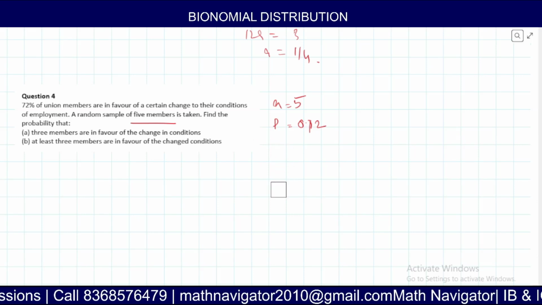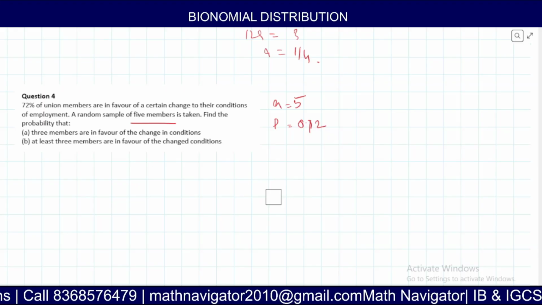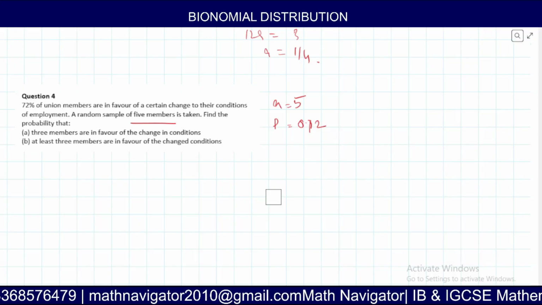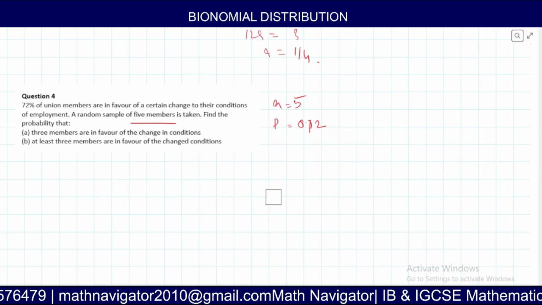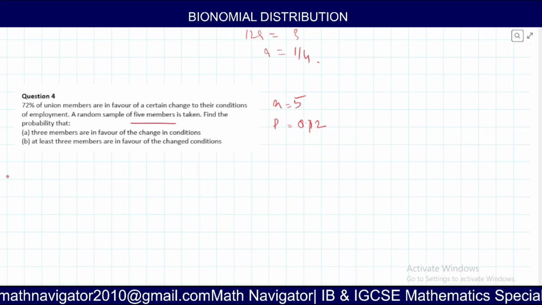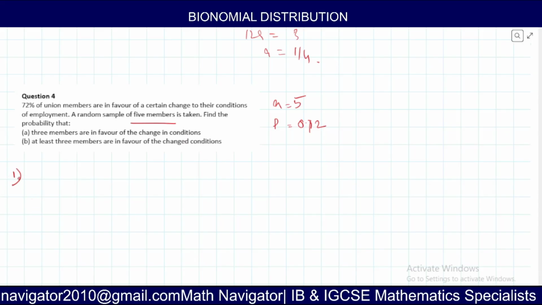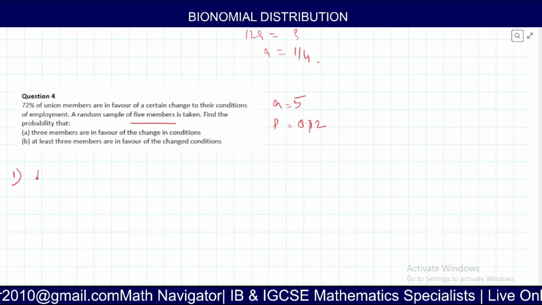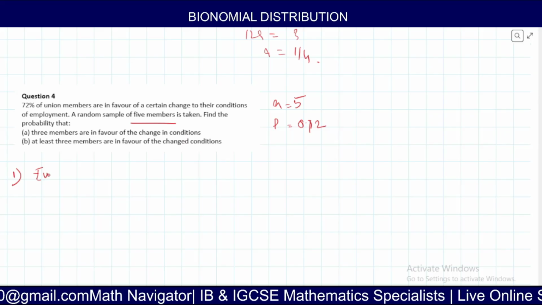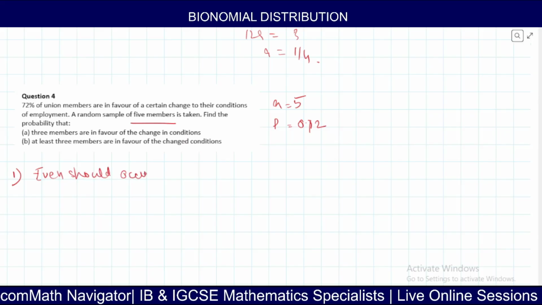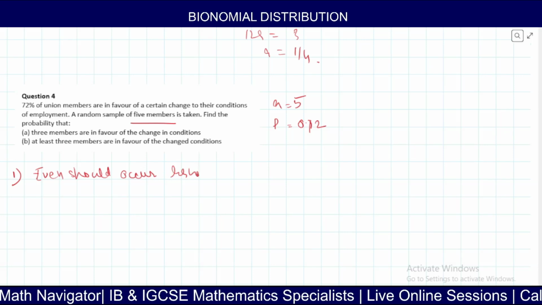See, you can use binomial distribution when the events are independent and the probability remains constant, and the event occurs randomly. So conditions for following the binomial distribution: number 1, event should occur randomly.